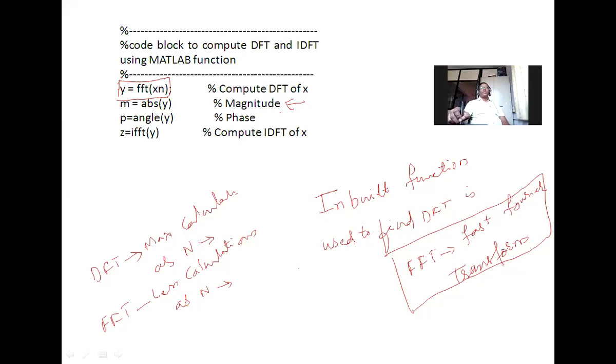So that's what we are calling it as the absolute value of y, and p is equals to angle of y. That is we are calculating the phase of the DFT, and finally we are calculating z equals to IFFT of y. So these are the 4 lines which are used to find a DFT and IDFT.